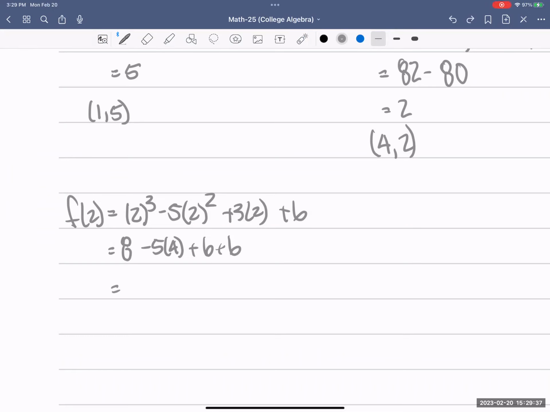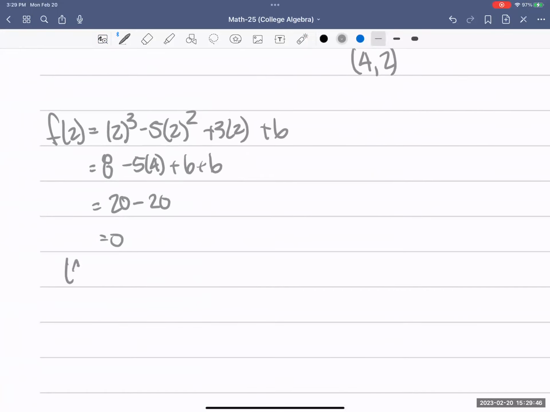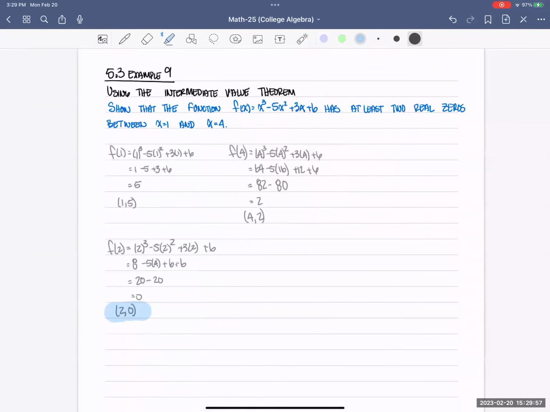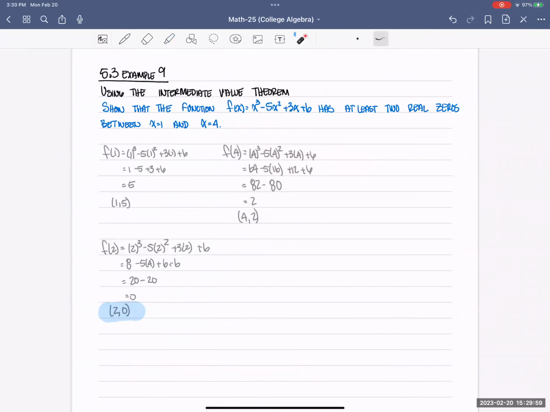So 6, 12 plus 8 is 20. Minus 20, it looks like we got a 0. So when x is 2, y is 0, which is our first zero. They're trying to tell us that there are two zeros. Let's give the other one a try.